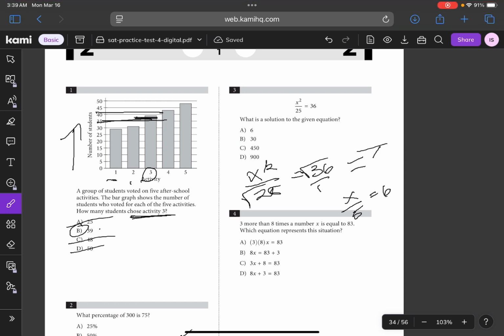So now we can solve it by cross multiplying, where 5 goes here and x goes here. And we know that x times 1 equals 5 times 6, and that equals 30. And x times 1 is just x. So we know that x equals 30. So B is correct.